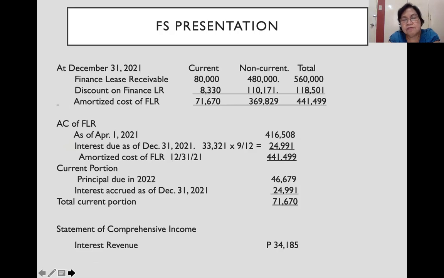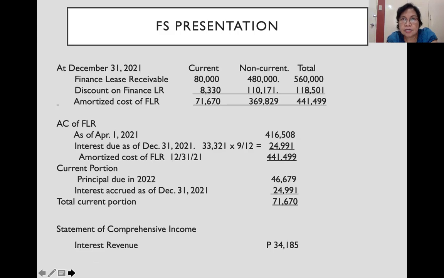So, even if the residual value is unguaranteed, we shall also have the same set of solution, because to the lessor, for accounting purposes, it does not matter that the residual value is guaranteed or unguaranteed if the lease is direct finance lease.